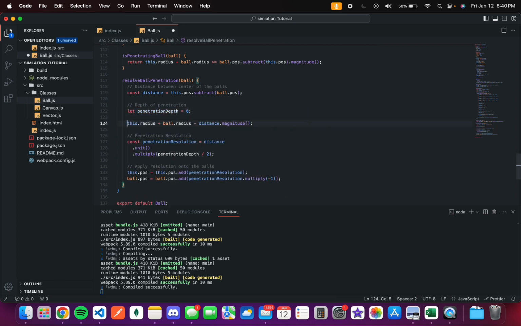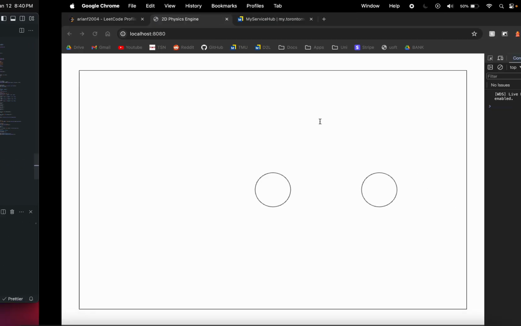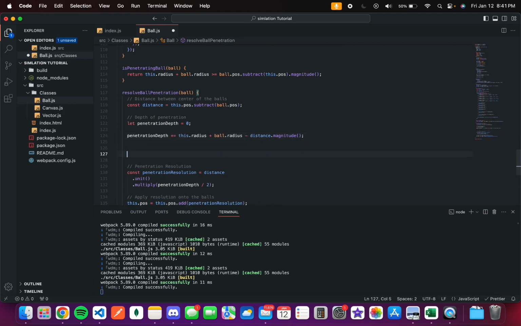So what you do is you do penetration depth plus equals this. So we leave this the same. And what I've noticed is that the distance at which they are still penetrating each other is dependent on the velocity. So what I would do in this case would be to determine the velocity magnitude along the distance vector.